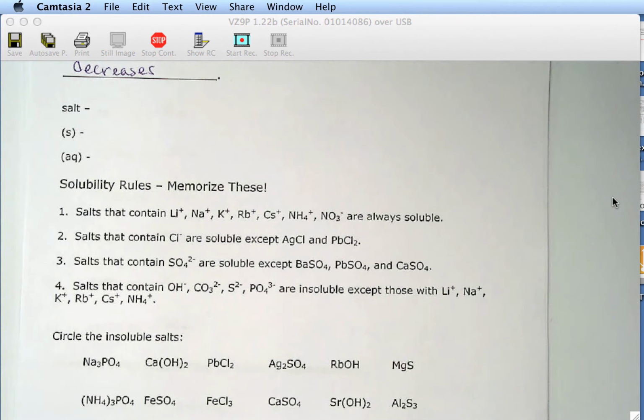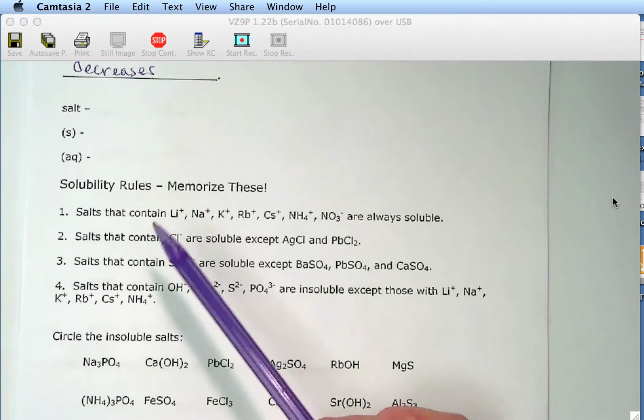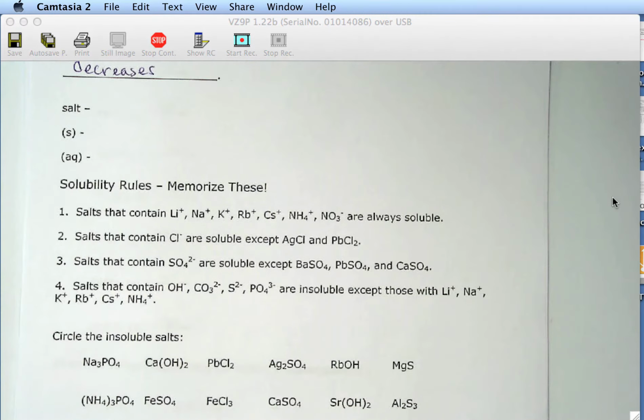One of the reasons is that we're going to learn chemical reactions that rely on these solubility rules to predict them. And our lab, Lab 17, solubility rules, will cover this. As long as you know these rules, you will be able to predict the reactions.